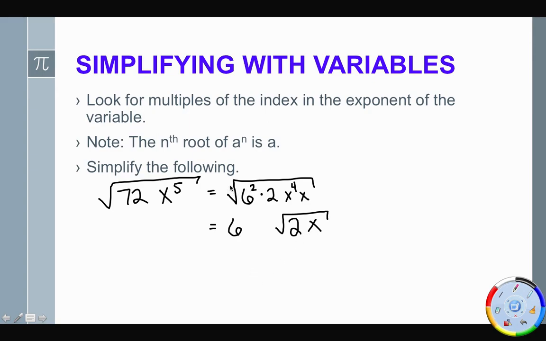Now, because this is the square root of x to the fourth, this becomes x squared as it did in the last example. All right, we have to do a couple more of these examples here just to get us into the quicker mode of doing these problems.